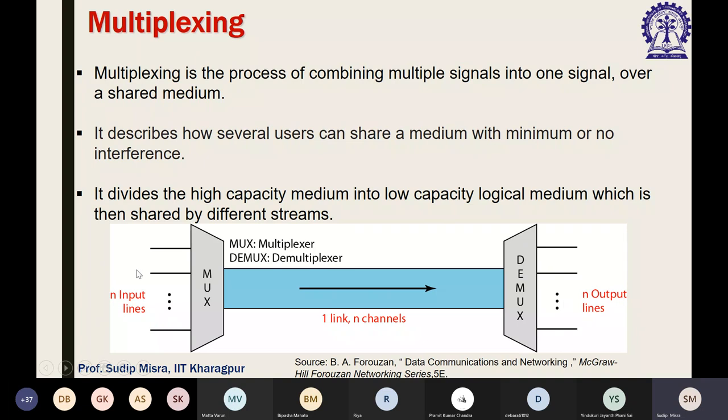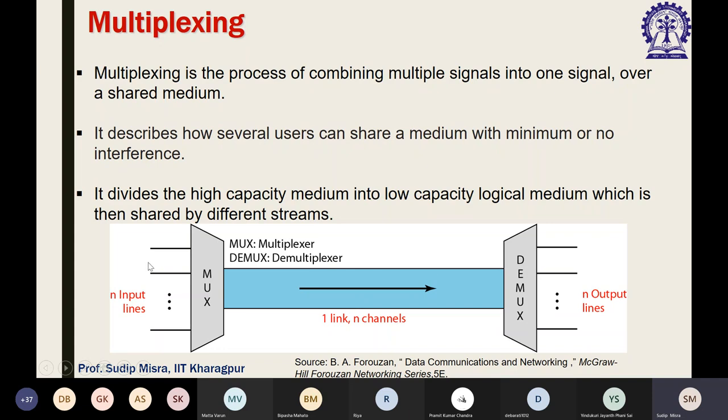Let us just forget about the computers and focus on lines. So we have n input lines and n output lines, and we have one link. Now the question is how can you make these computers, these lines, connect with each other? We have one link only.